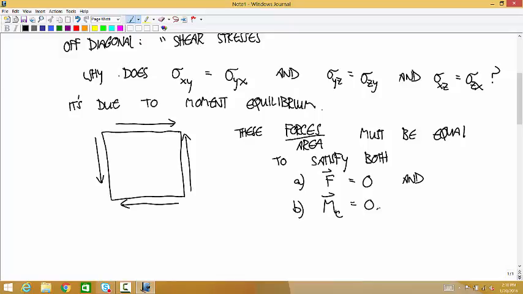Okay, you can try to come up with a way to make it work without that, and you'll see that it's not possible. So that's why these have to be equal, and therefore that's why this matrix is symmetrical. It has to do with equilibrium according to Newton's laws.